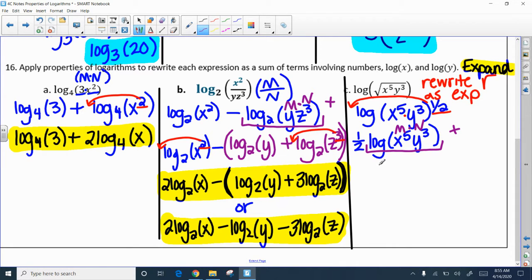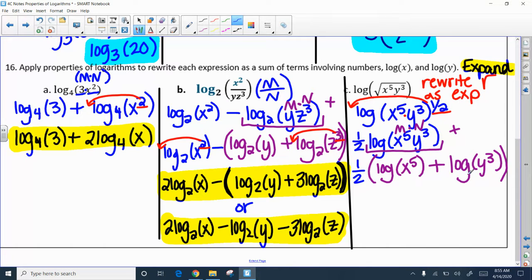So when I rewrite this expression, I'm going to have log of x to the fifth plus log of y cubed. So I rewrote this with the plus sign in between. Now, the thing we ought to be careful of, once again, is this whole expression had the half in front of it, or the whole expression was multiplied by a half. So I have to put this in parentheses, and then I still have that half that's multiplied in the front.